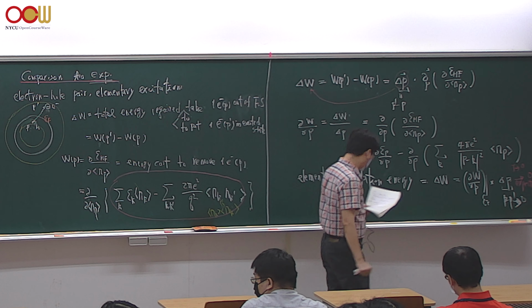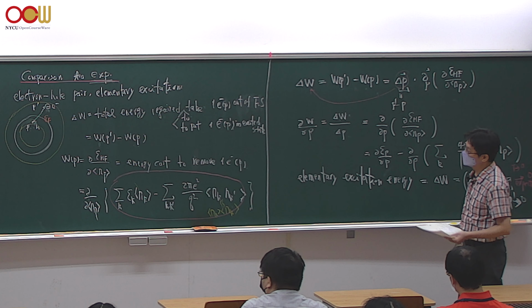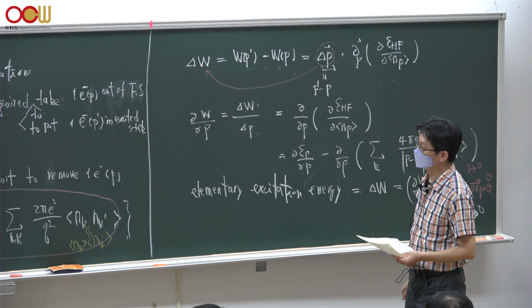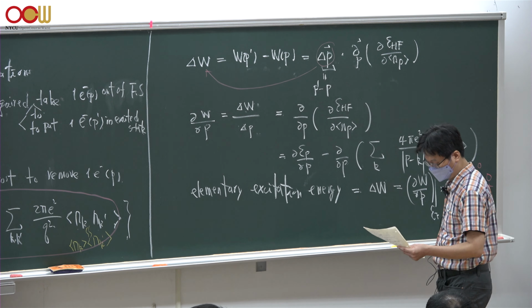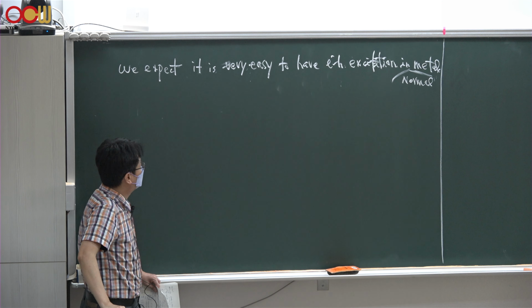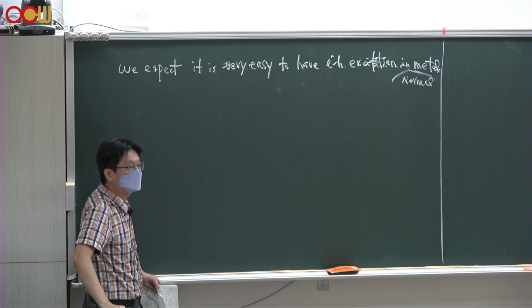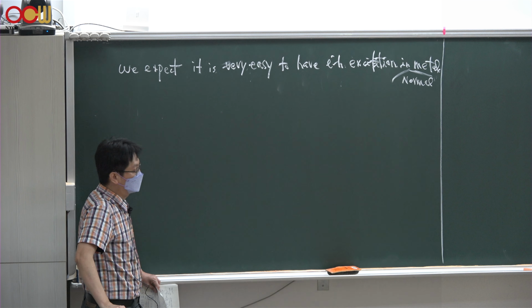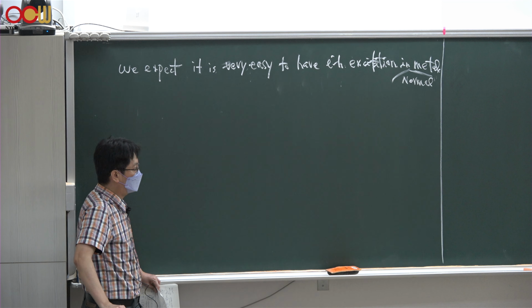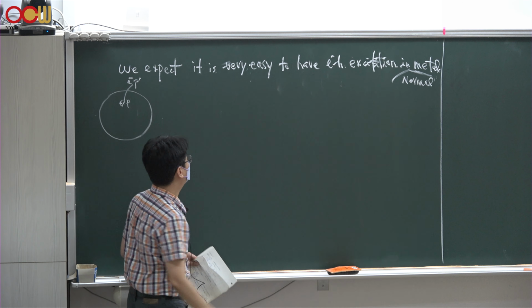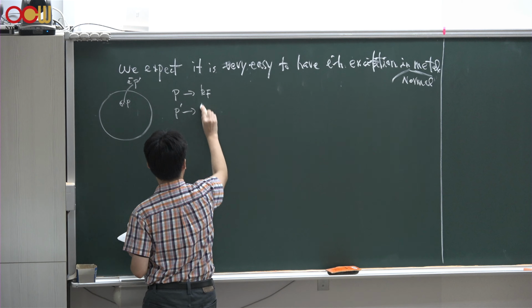You can find this equation and calculations in David Pines' lecture notes, and probably also in Kittel's second book. We expect that it is very easy to have electron hole pair excitations in normal metals because of the finite value of this partial W, partial p, times the almost infinitesimal momentum difference between p and p prime, and both p and p prime are very close to the Fermi momentum.